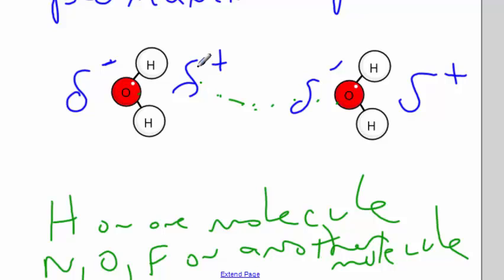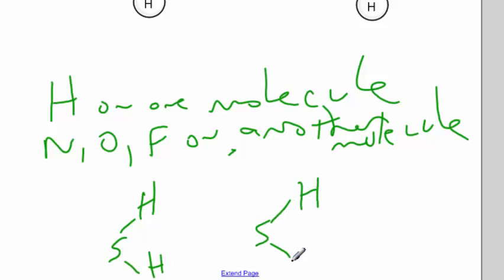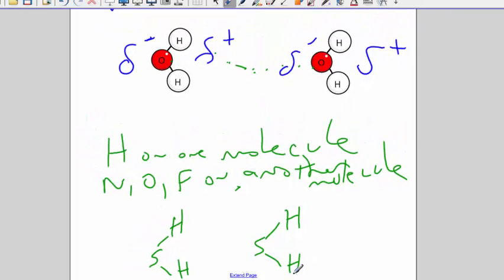It's a much higher boiling point than, say, H2S, which would be the same thing. And you look at these and you think, wow, H2S, H2O, those should practically be the same. S and O are very near each other on the periodic table.